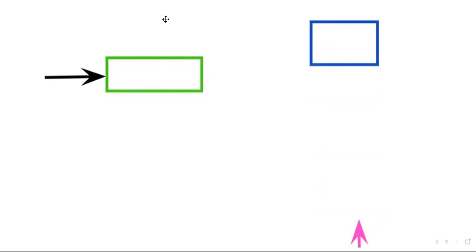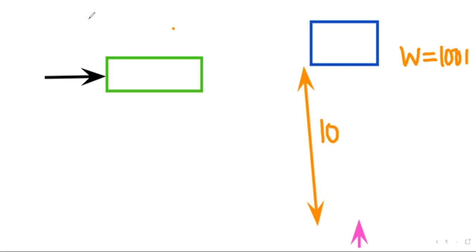There is one more factor, which is the time factor. Suppose the object took around 10 seconds, and work done is 100 joules. So in 10 seconds, the work done is 100 joules, or potential energy gained is 100 joules.